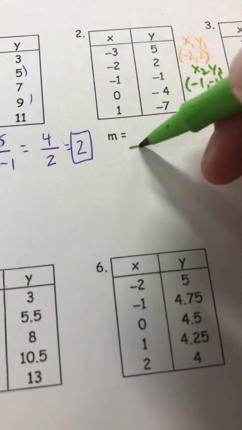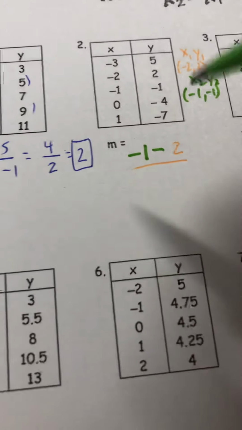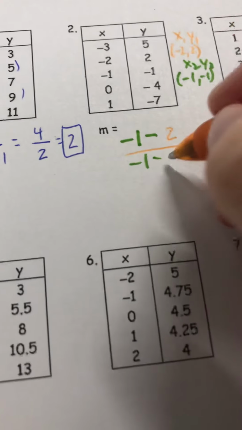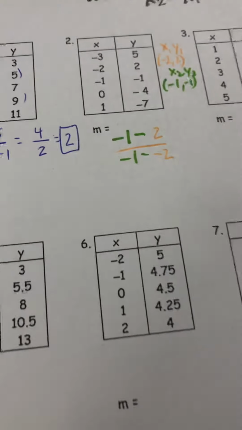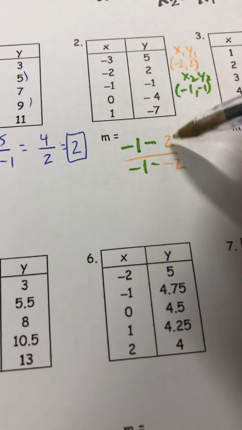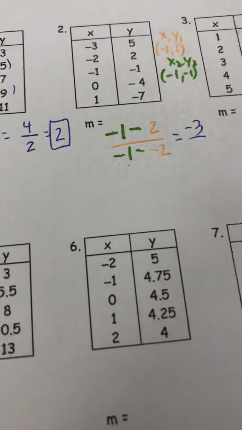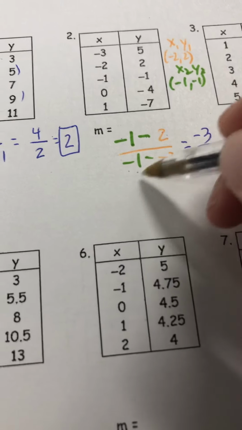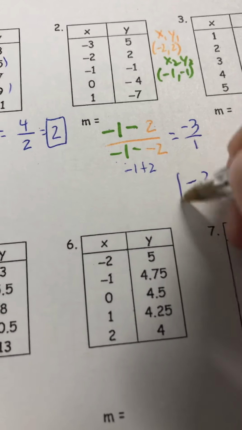So right here I'm going to say negative 1 minus that 2 over my negative 1 minus negative 2. Write it down, then put it in your calculator. So right here I've got negative 1 minus 2 would make a negative 3. And a negative 1 minus a negative 2 is going to change into a negative 1 plus 2, which is 1, and so my slope would be negative 3.